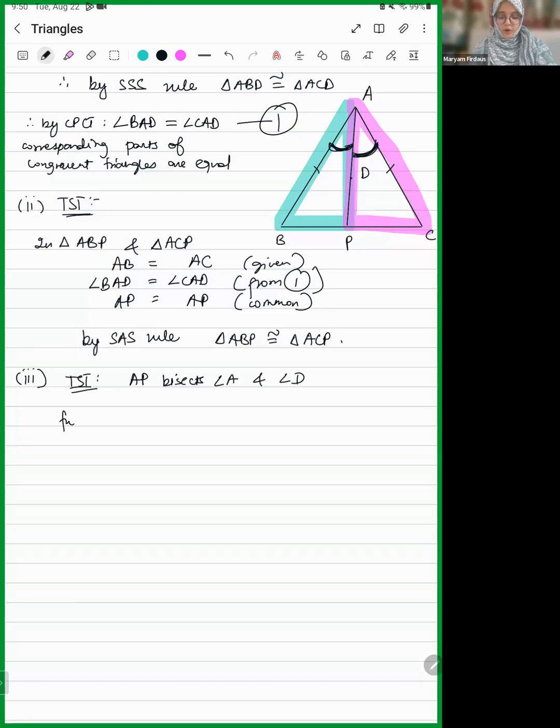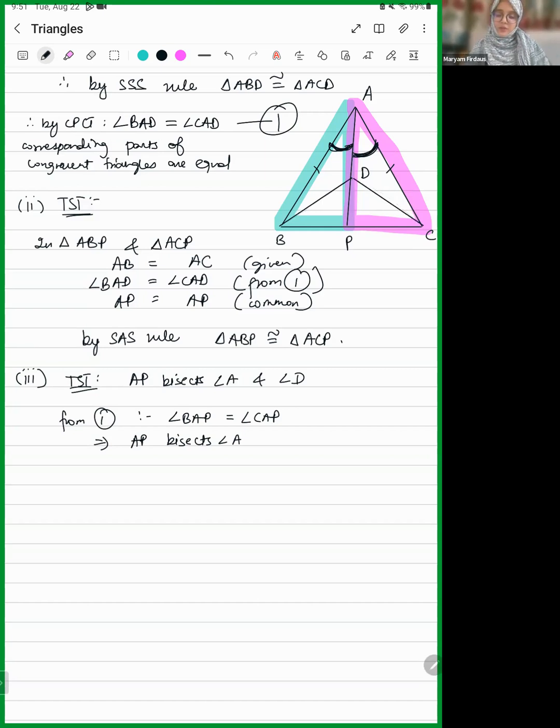So from 1, angle BAP, which is this smaller angle over there, is equal to angle CAP. So this itself proves that angle A is being bisected. That means AP bisects angle A. Now we have to prove the other thing, that AP bisects angle D as well.